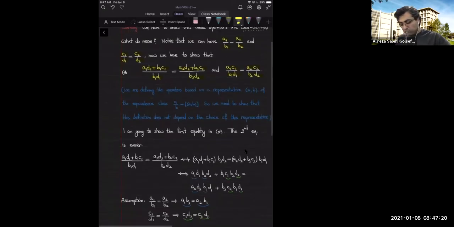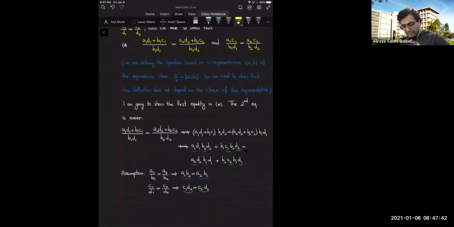So again, if we are choosing representatives and arguing a certain property based on those representatives, we have to argue that it doesn't matter what representative you pick. No matter what representative you pick, we have to get the same result.